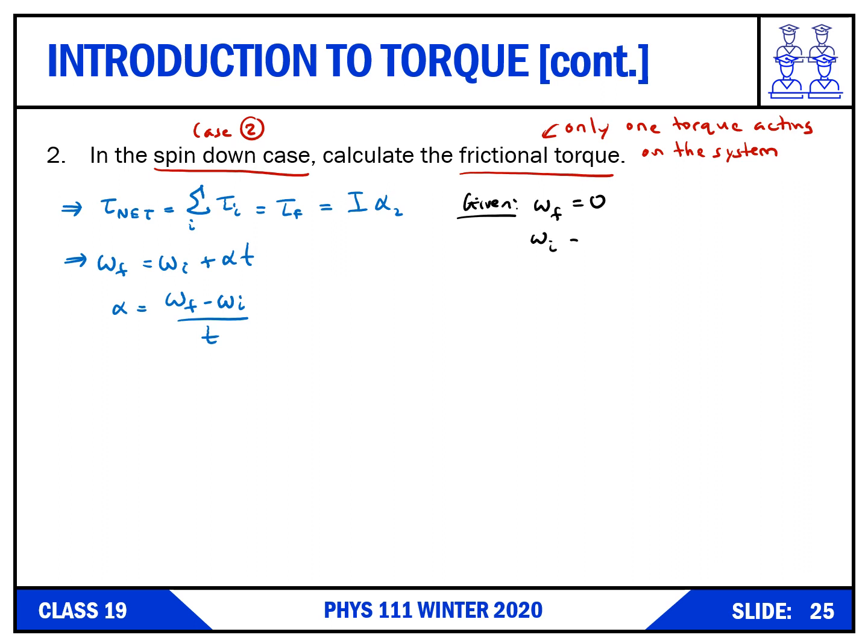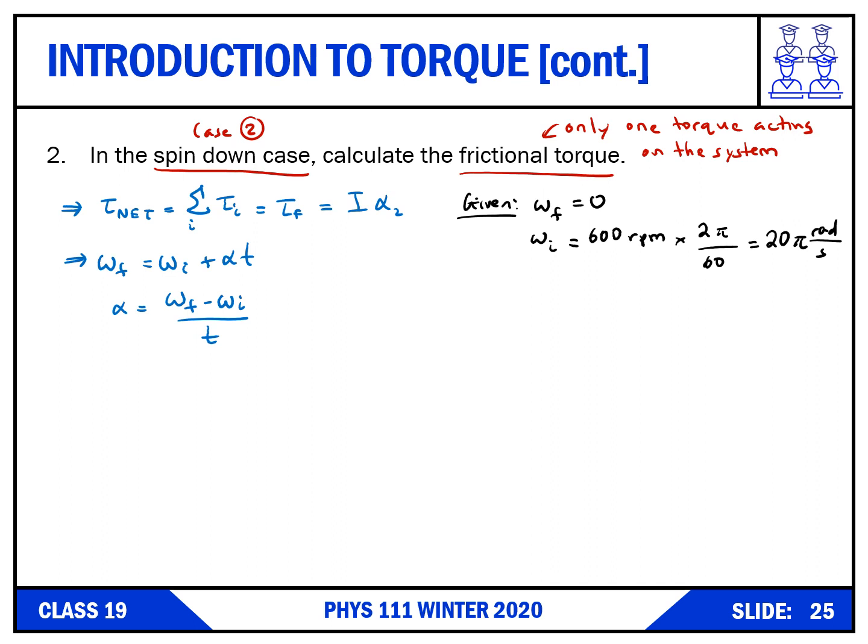So omega I is equal to 600 revolutions per minute, which is equal to, anyway, might as well convert this, multiplied by 2 pi radians over 60 seconds per minute, which is equal to 20 pi radians per second.